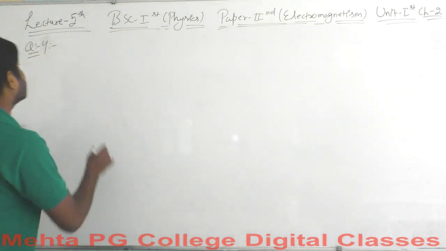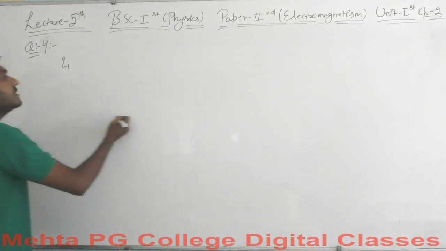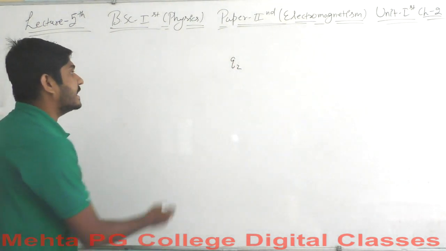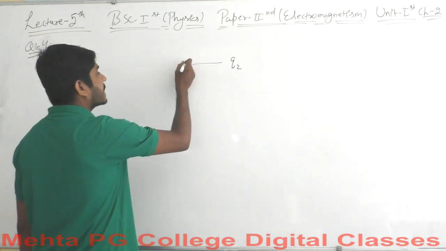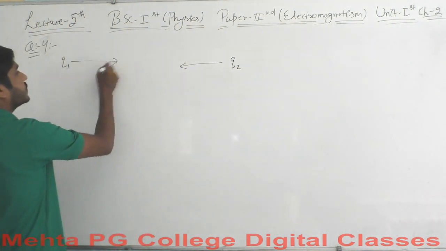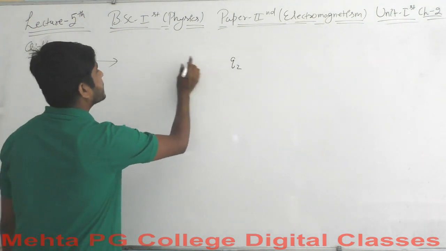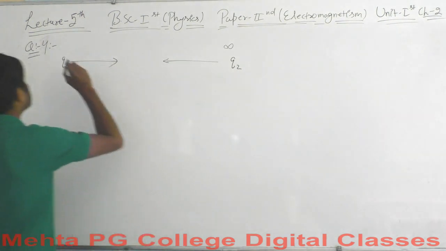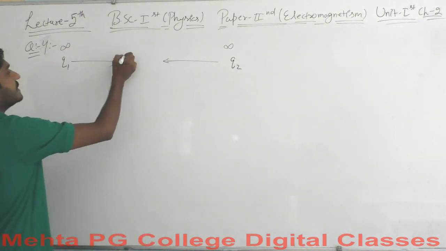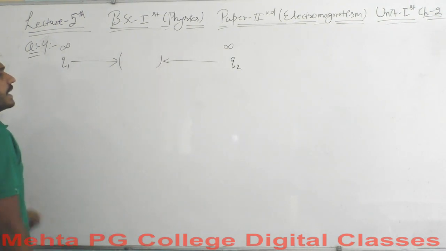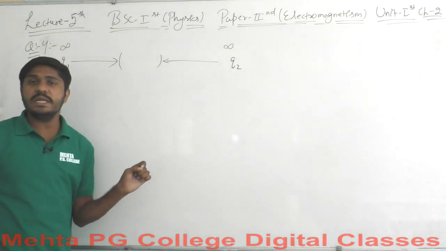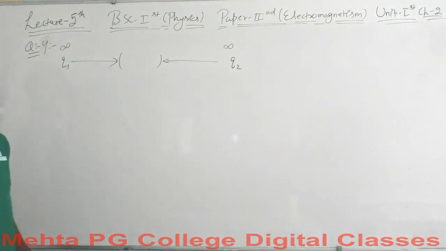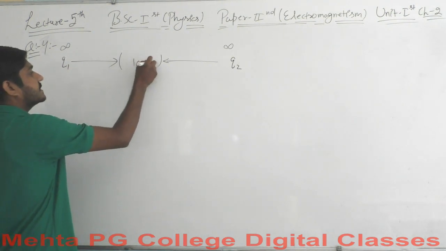Let's say we have two charges, this is the charge q1 here, and somewhere is the charge q2 here. It has been said that both of these charges are coming towards each other, coming from infinity. When these charges meet up and the distance between them remains only 10 angstrom, let's say this is the distance, 10 angstrom here.